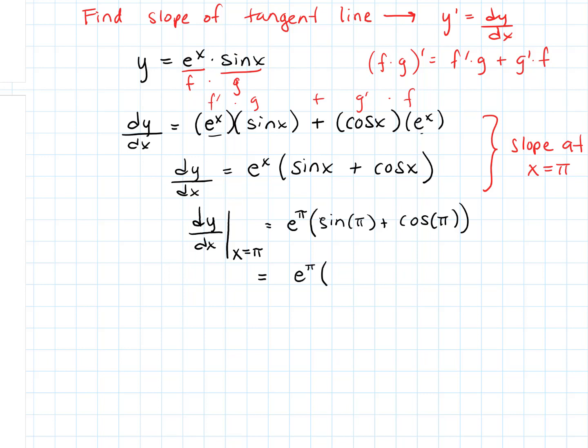The sine of pi is, of course, 0, and the cosine of pi is negative 1. So we end up with negative e to the pi.